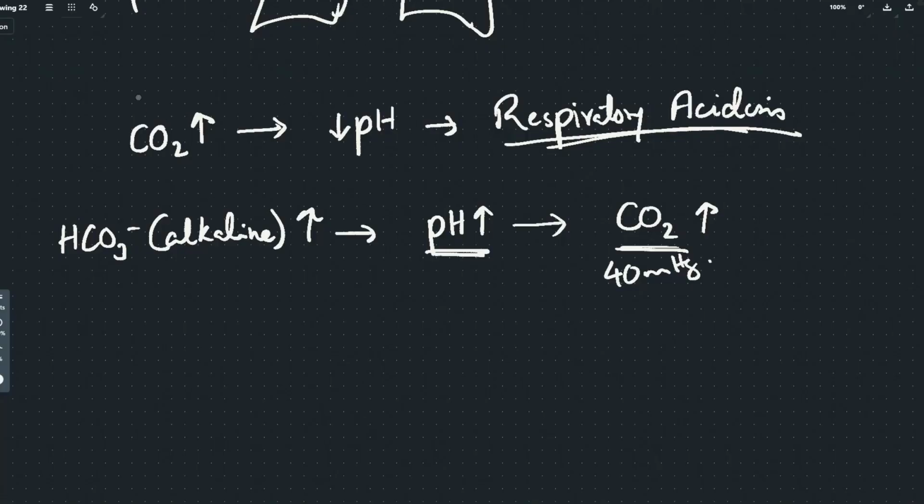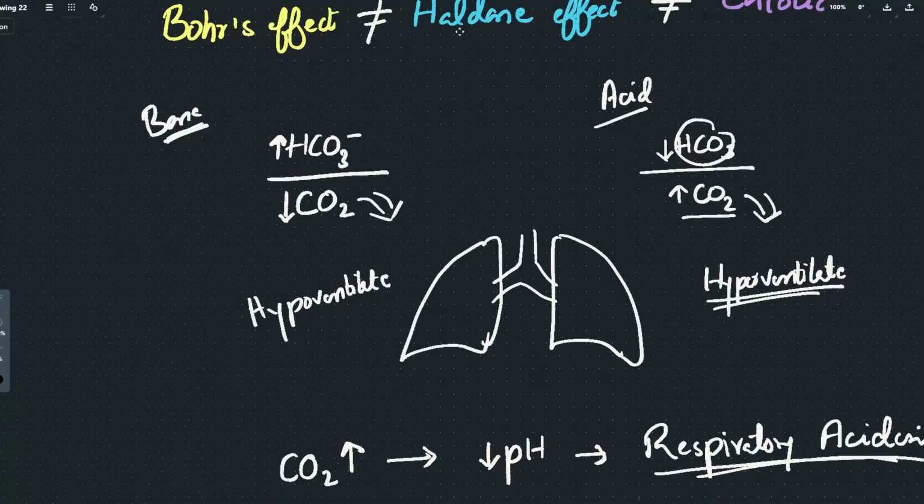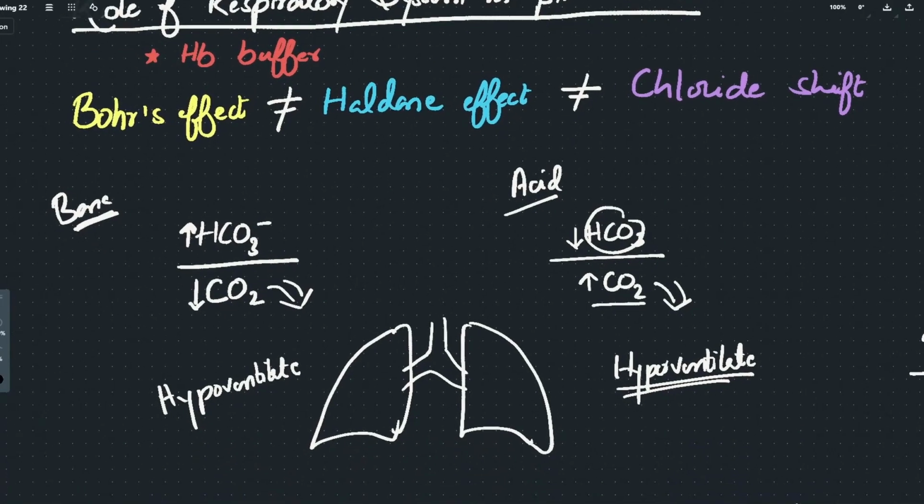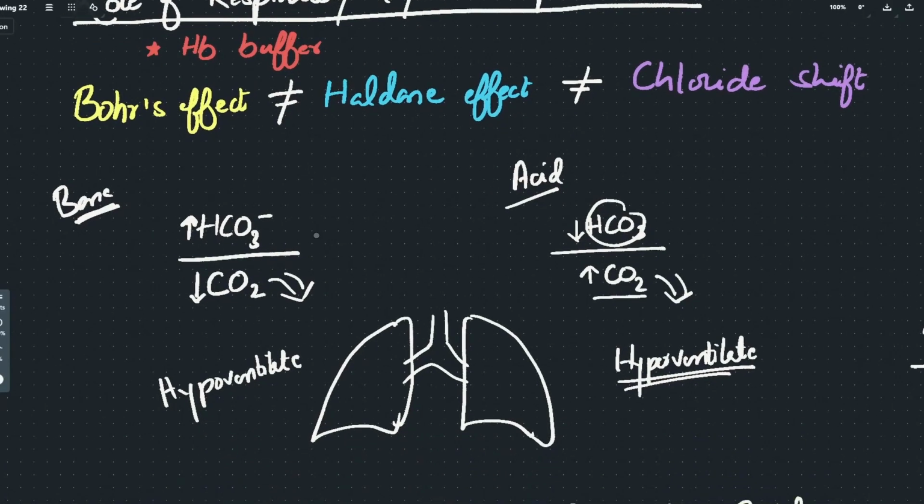So there are two things that you should not mix up. Please understand this. One is the role of the respiratory system in pH balance. The other is the normal role that the respiratory system plays in everyone. It is doing its job, exhaling out CO2. Why is it not normally retaining CO2? Because we produce acid, we produce CO2 all the time, so it must be exhaled out.